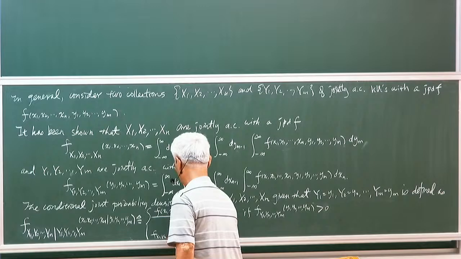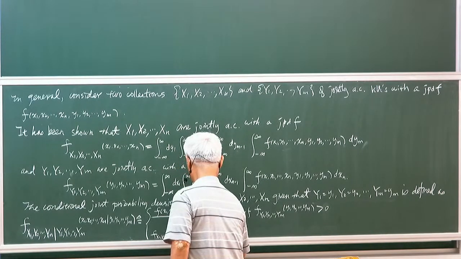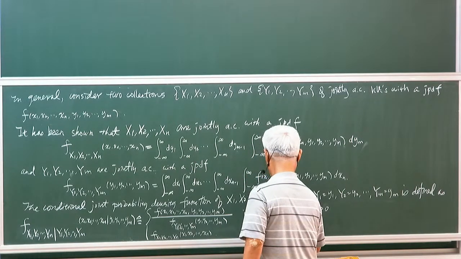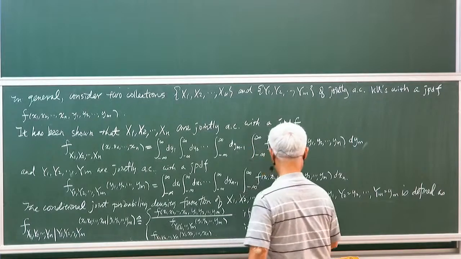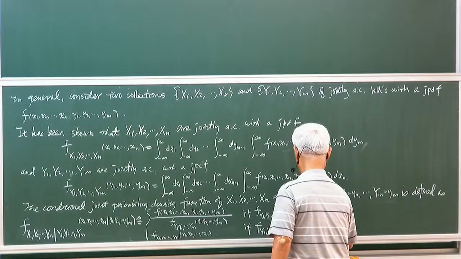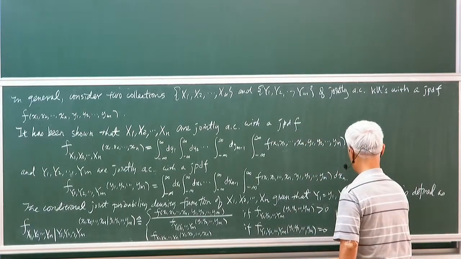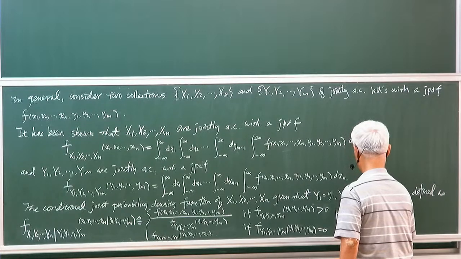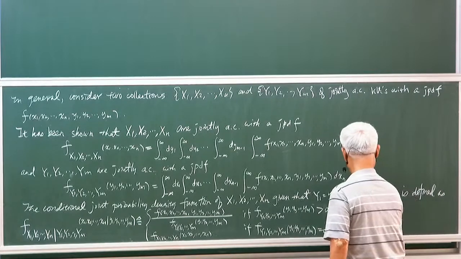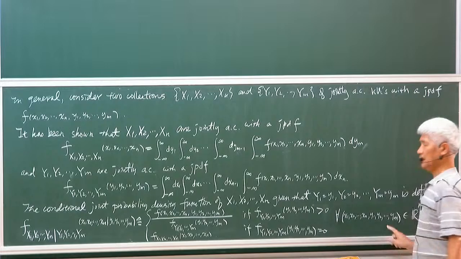So we define it to be the unconditional one if the denominator is equal to 0. This is for all x1, x2 up to xn, y1, y2 up to ym in the n plus m dimensional Euclidean space.